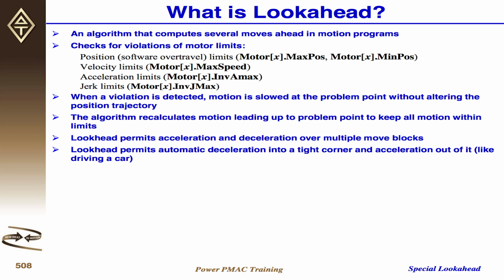So what happens if a violation is detected? You have the trajectory and you define this buffer, and it finds a problem point. At that point, for example, one of the motors' velocity is violating. It's calculating more than it's supposed to, beyond your limit. And then, if that is detected, the motion is going to slow down at that problem point without altering the position trajectory.